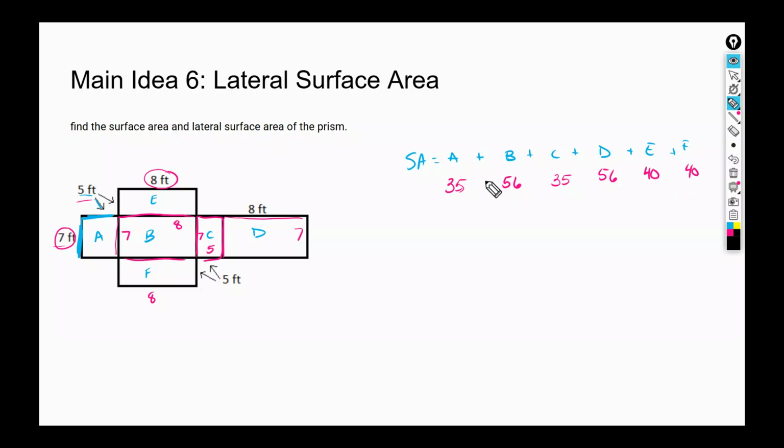We have our areas and we are going to add them together. Using a calculator on my phone that's off the screen, 35 plus 56 plus 35 plus 56 plus 40 plus 40. 262 feet squared.